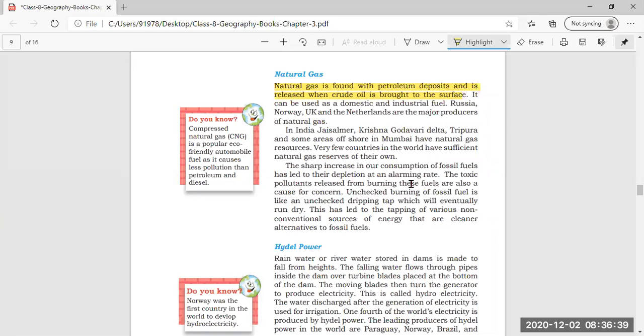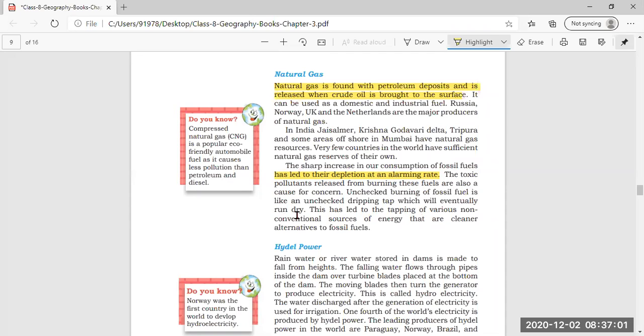The sharp increase in the consumption of fossil fuels has led to their depletion at an alarming rate, meaning the way we are using these fossil fuels, we should now be aware that in the coming future we may not get these types of fossil fuels.